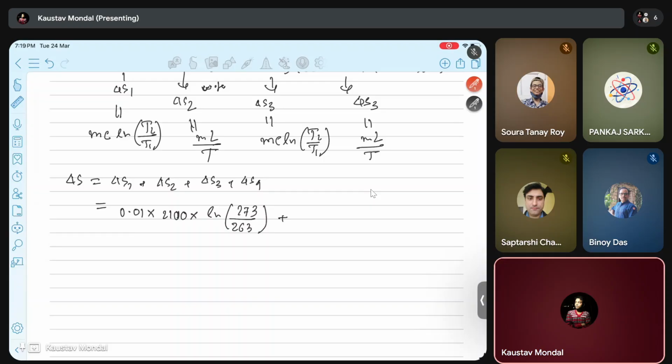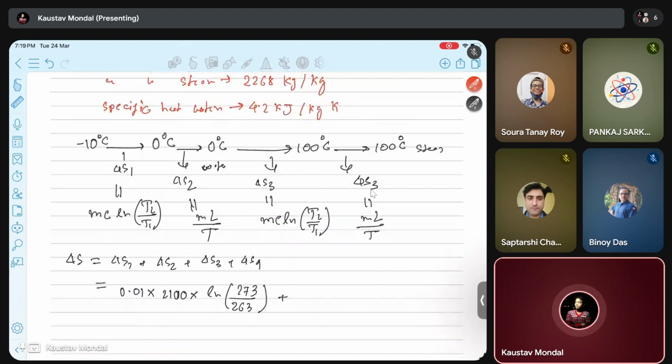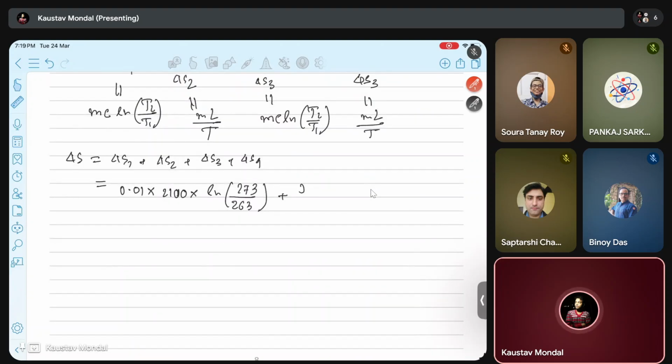We write everything in joule and gram, and L is given in terms of kg, so we have to convert gram into kg. So 10 gram in kg would be 0.01.